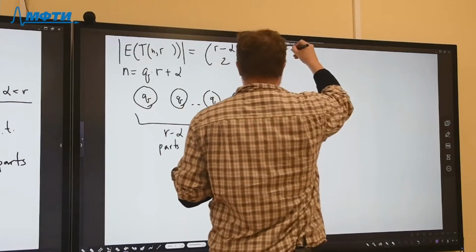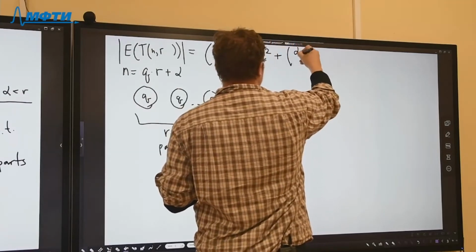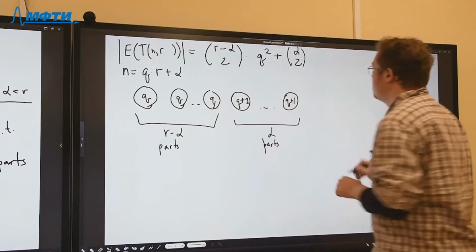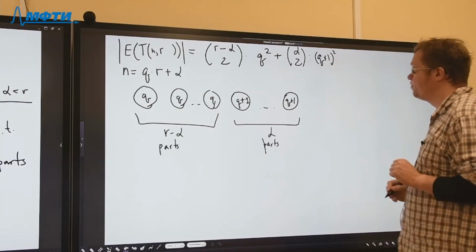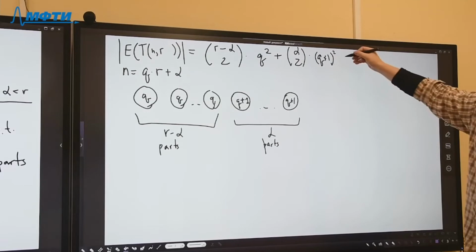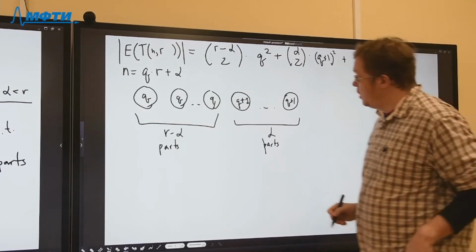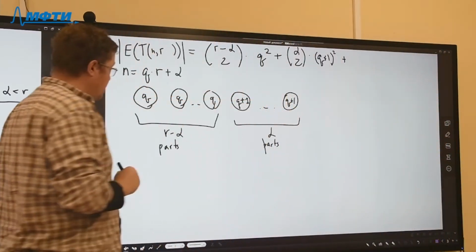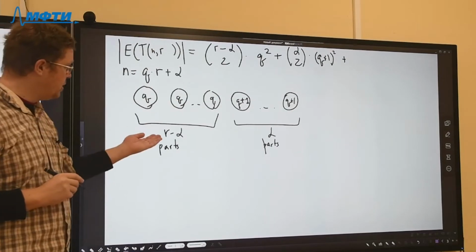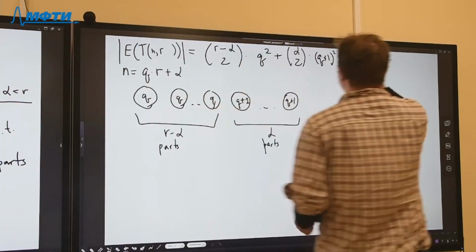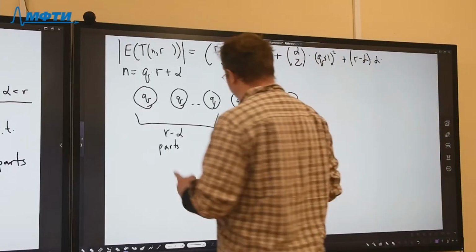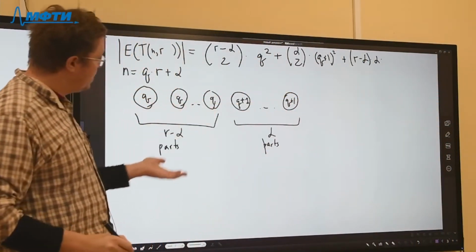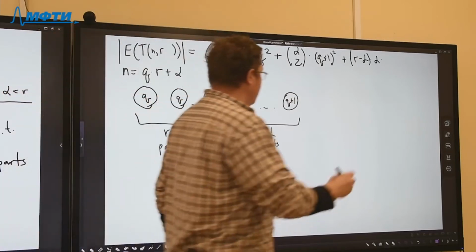Then we add alpha choose 2, again choosing 2 of these parts, times (q plus 1) squared. And then we add the number of edges between them, which is, we take one of this part, one of this part, which is r minus alpha times alpha, times the number of edges between them, which is just the direct product, q times (q plus 1).